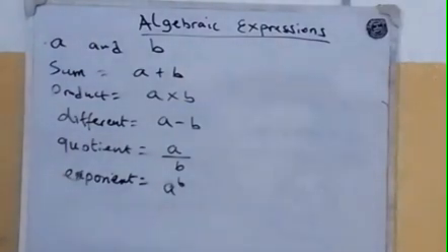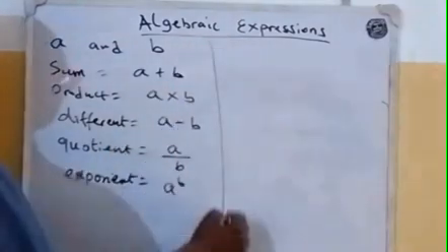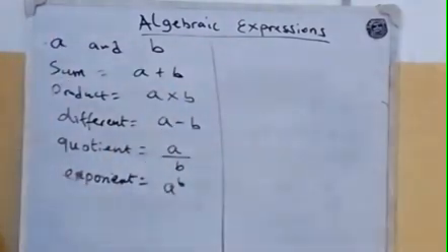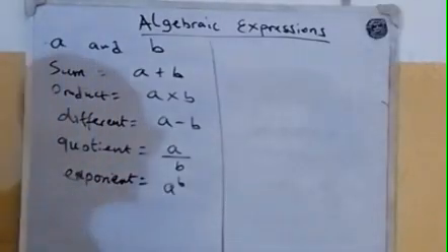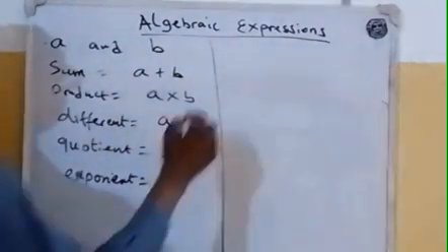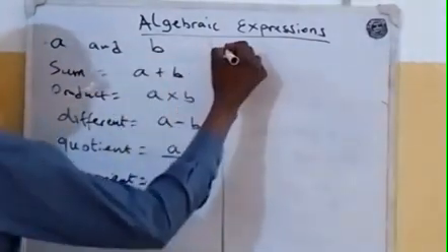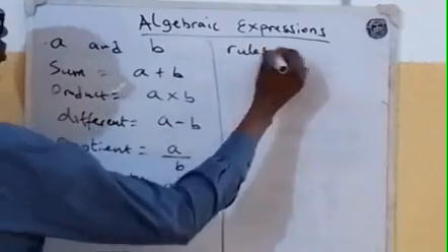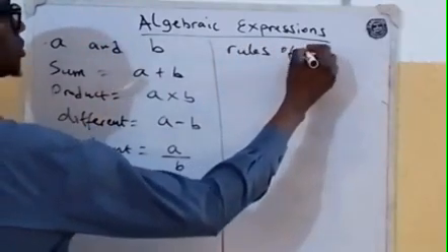And the rules of algebra follow what we discussed in our first class. Check out the video for numbers, basic operations, and numeration. The rules of operations. So there are the rules of algebra.